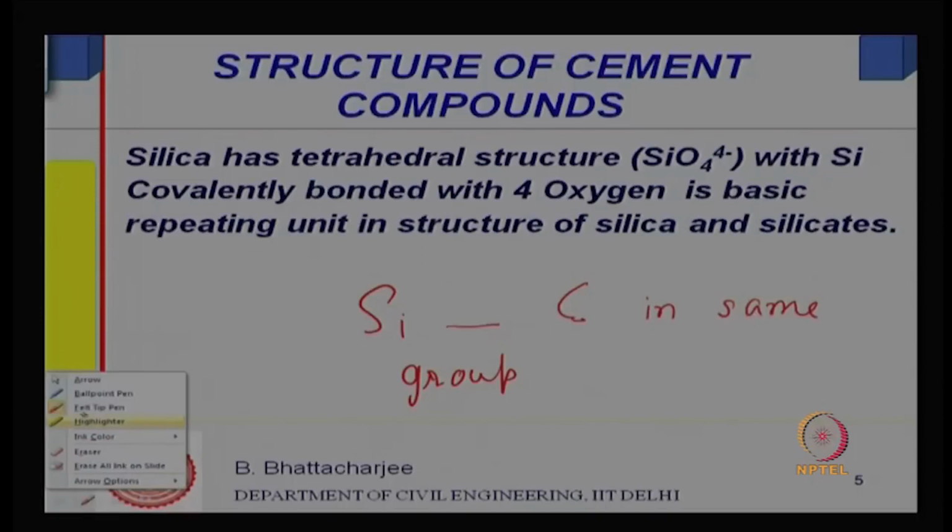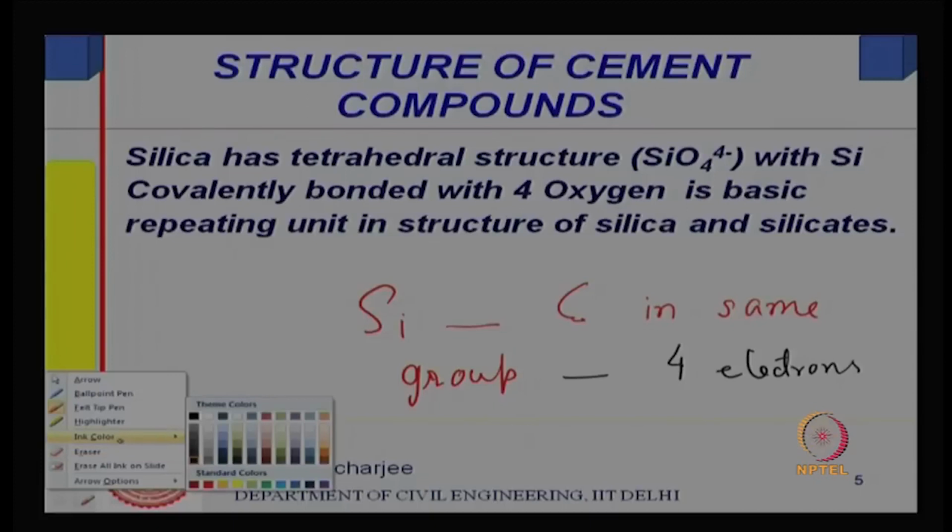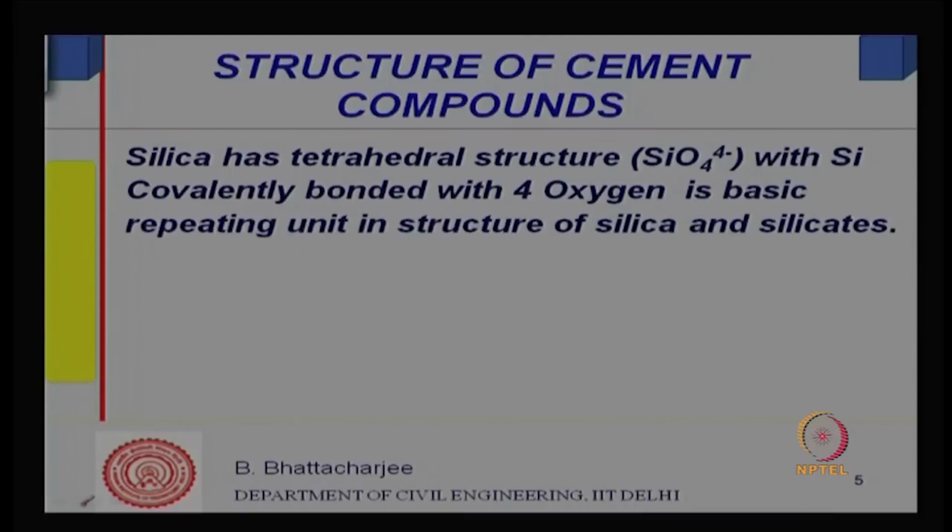And if you recall that they have 4 electrons in their outer shell, and this silicon therefore combines with 4 oxygen, forming SiO4 ion with 4 negative valency.